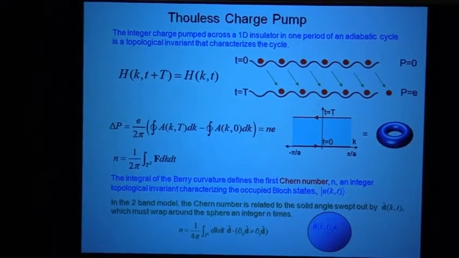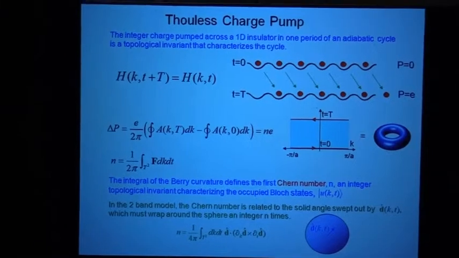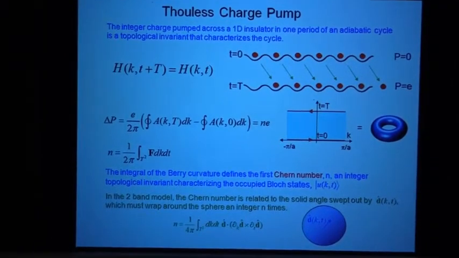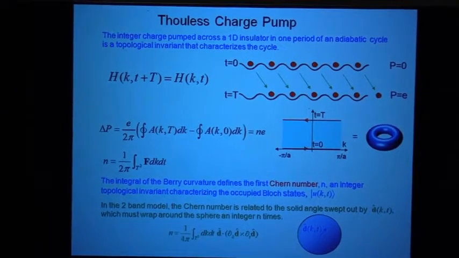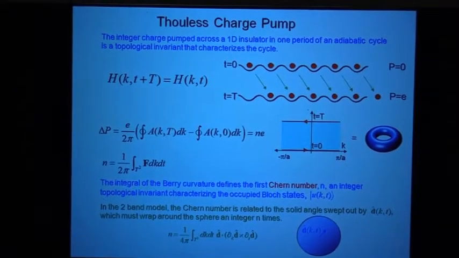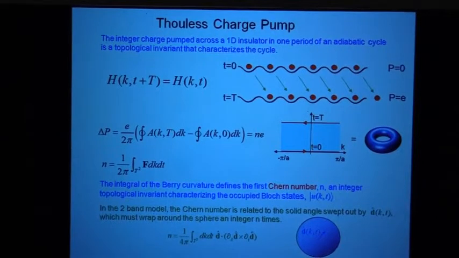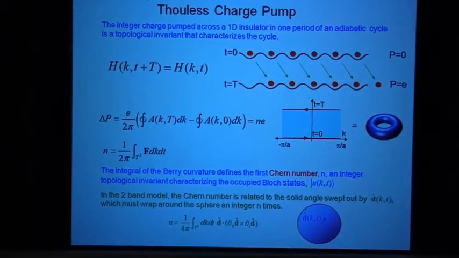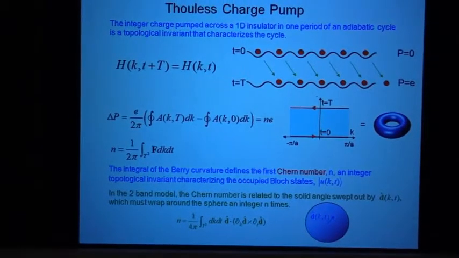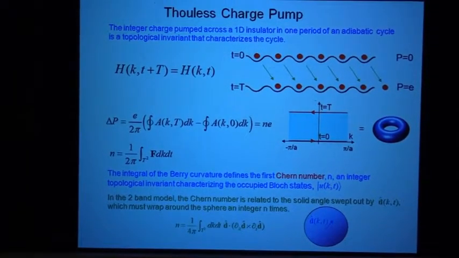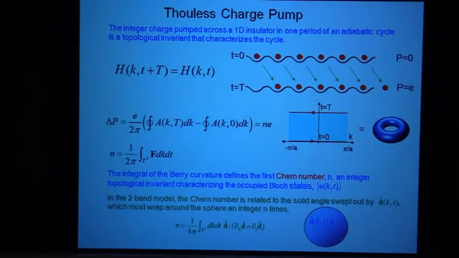And so the simple picture that I want you to have in your head is just the nearly free electron gas, where I have electrons which are locked in a periodic potential. Okay, and then as a function of time, I can just slide that periodic potential over by one space. Okay, and in doing so, it's obvious that what I do is I pump an electron from one end to the other. Okay, and so I'd like to think about how we can characterize that.